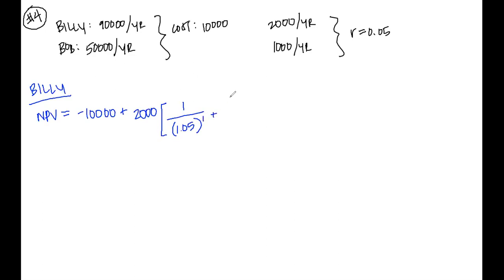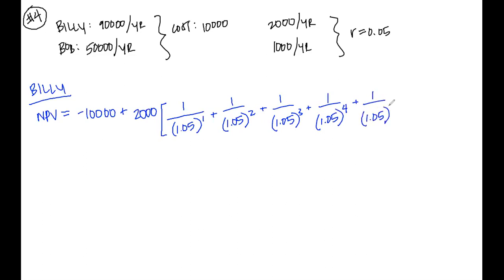And then we can do the same thing for 1.05 raised to the second power, 1 over 1.05 to the third power. And you keep doing this until you get t equals 10. I don't have enough room for that, so I'm going to cap it off there.